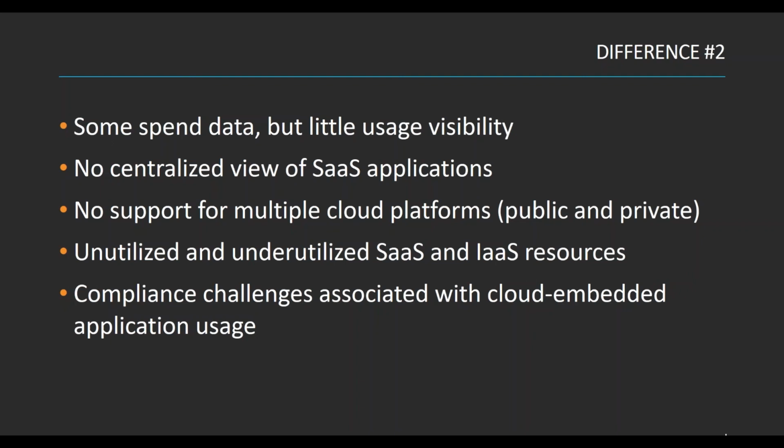Probably not. Another one is an example of multiple platforms. So this is an IaaS example where you're saying, gosh, I'm using AWS and Azure. How can I get a centralized view? Right now, that's a little bit tough. Secondly is unutilized and underutilized SaaS resources. As I said, it's difficult to get visibility into that.